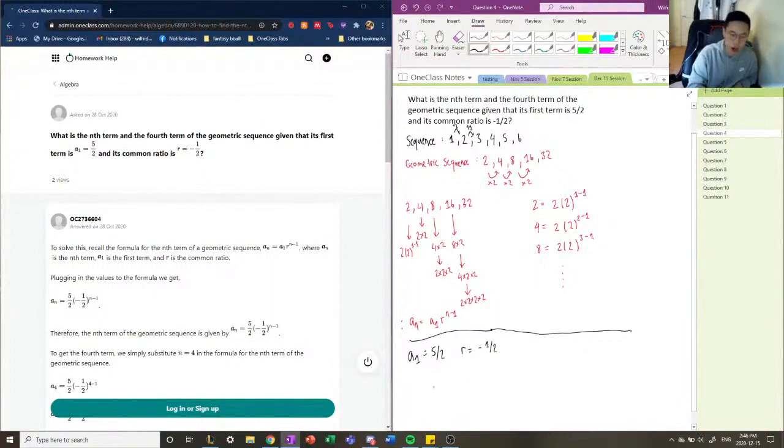Given our general formula here, all we have to do is plug it in. So an equals 5 over 2 times negative 1 over 2 to the power of n minus 1. Okay, so this is our nth term.